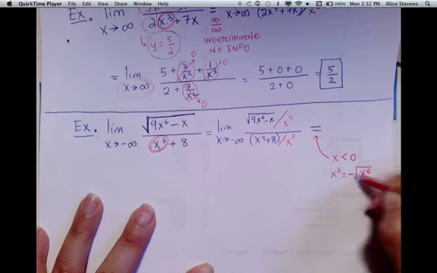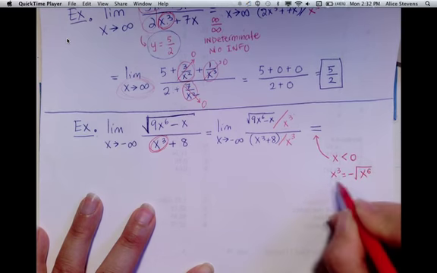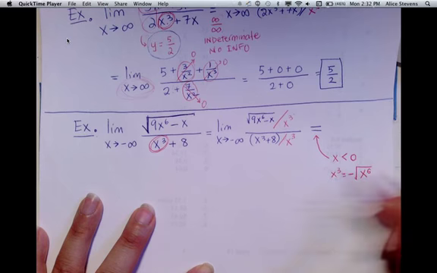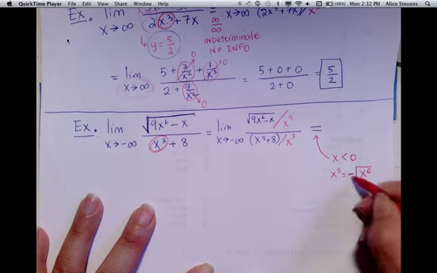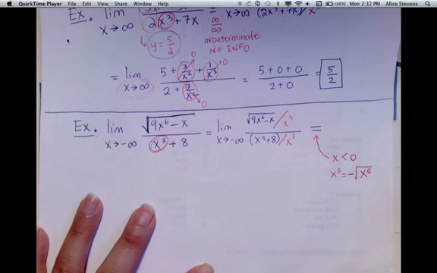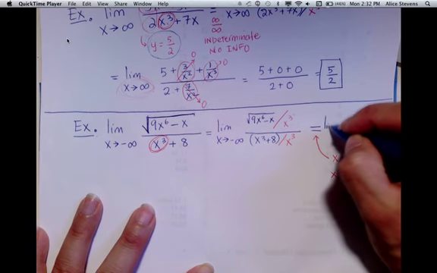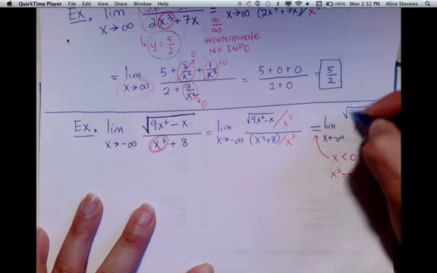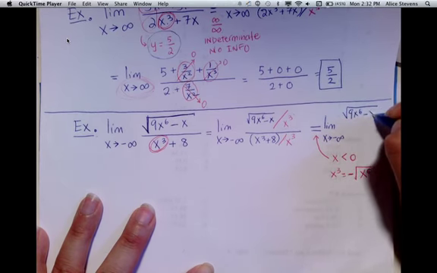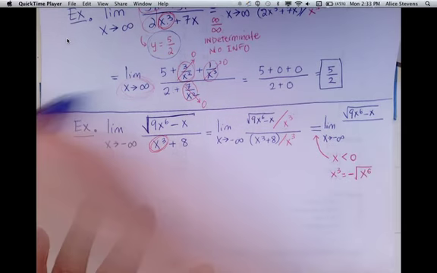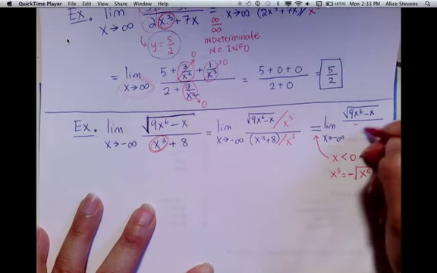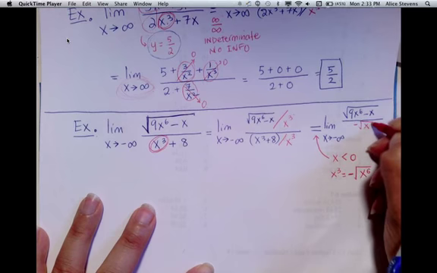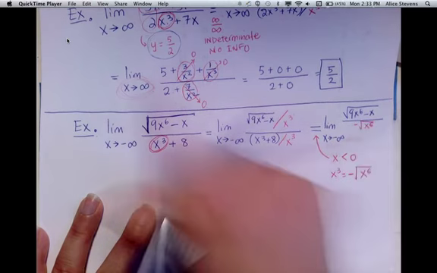So I need to have this negative sign here because this is a negative number. And then this is, we know, positive until I add this negative in front of the square root. So I'm going to rewrite this as negative square root of x to the 6th.